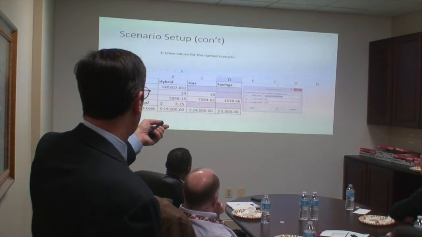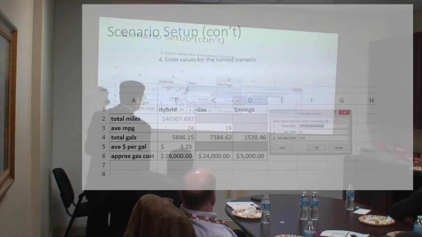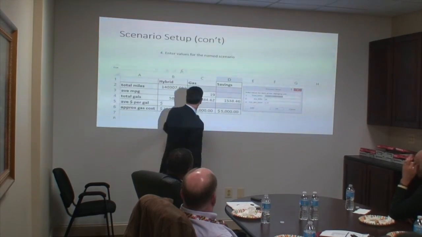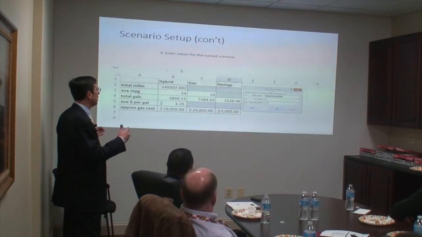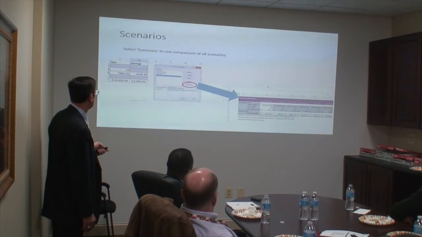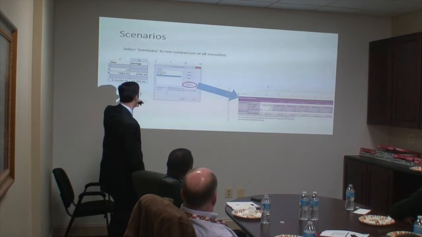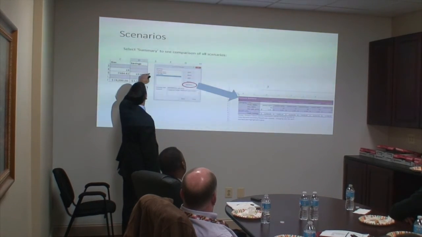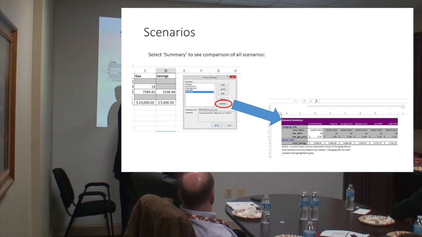Now that I've picked those cells, I can then enter values for each scenario that correspond to those cells, and I can build a number of scenarios. One of the neat features: I had the original, low gas price, high gas price, low MPG, high MPG.